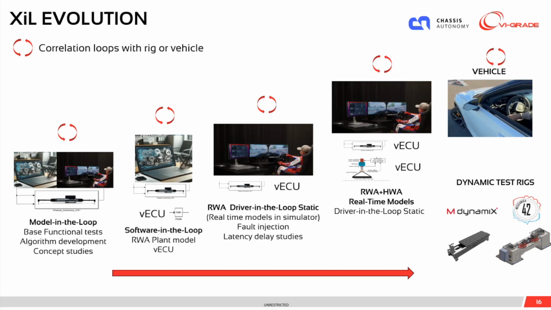Thank you, Vijay. As Vijay said, an important stage is to also connect mechanically on test rigs, driving simulators and real-time simulation. And here, thanks to the strategic partnership we have with two major players, M Dynamics and Mechanical 42, we are able to supply turnkey solutions for EPS test rigs, also for steering-by-wire technologies.